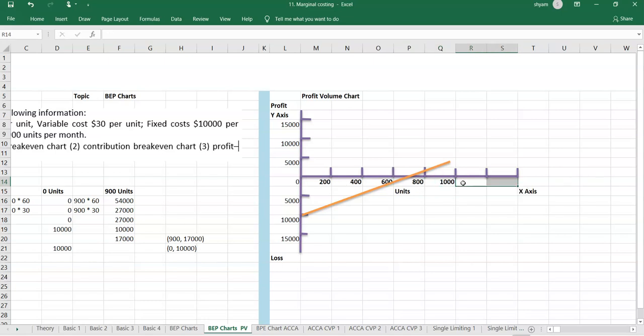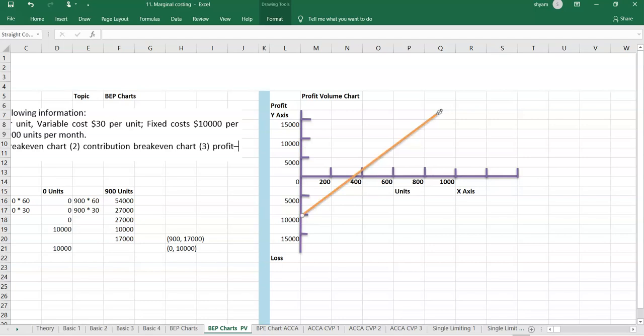Okay, so this is the axis. 900 would be a midpoint between 800 and 1000, and the profit was 17,000. So this point is 15,000. The point a little bit higher we could mark as 17,000, because you see there's a 2-line difference between 5,000, again 2 lines difference. So each one line is approximately 2,500.